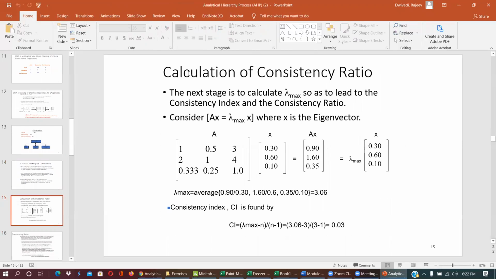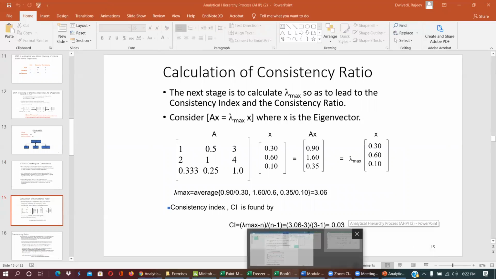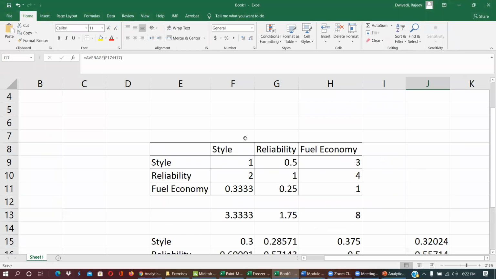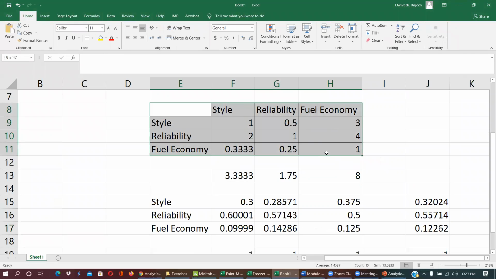So here, how to do the calculation? We take the original matrix, which is this that we have started with. These are the weights, and we are going to multiply this with the weight. So let's look into this. This is the original thing.